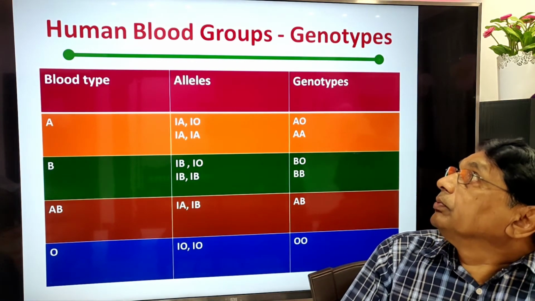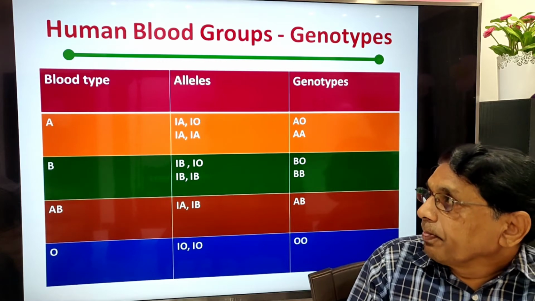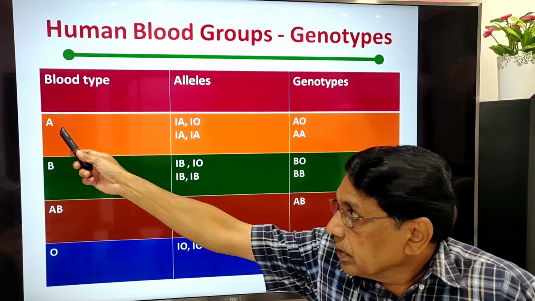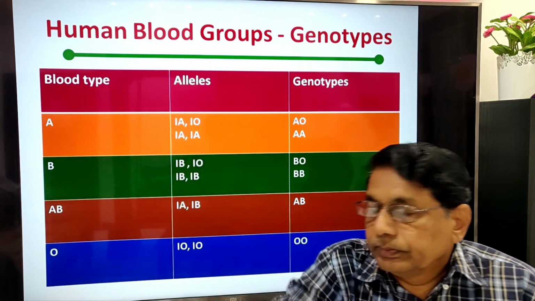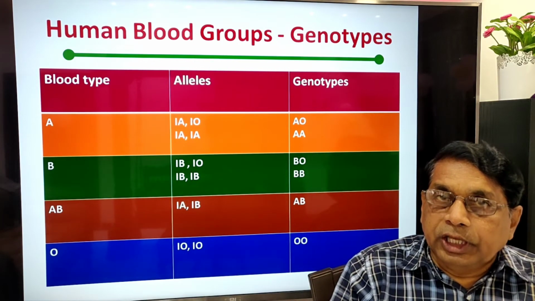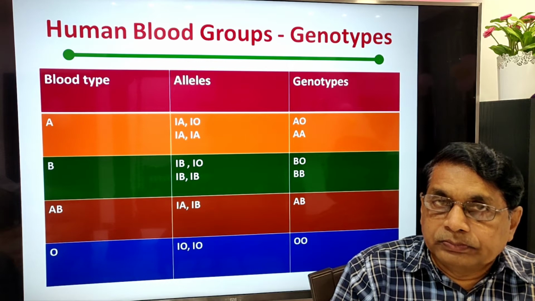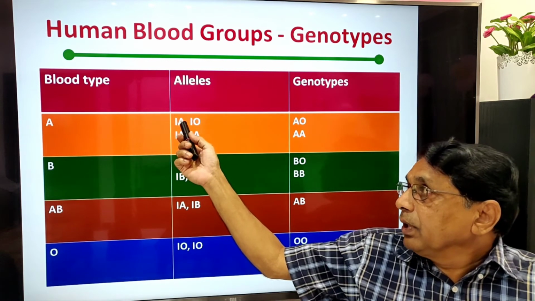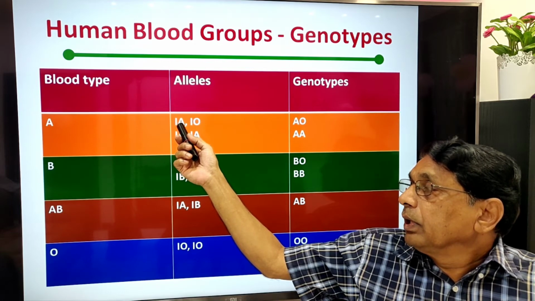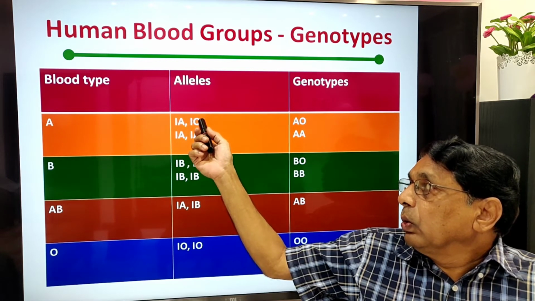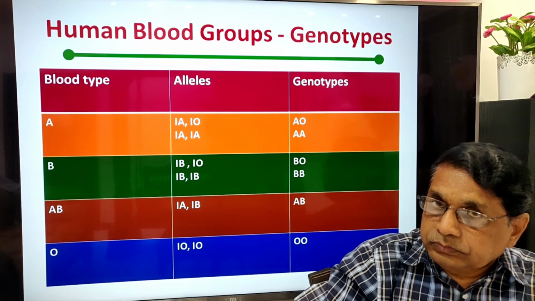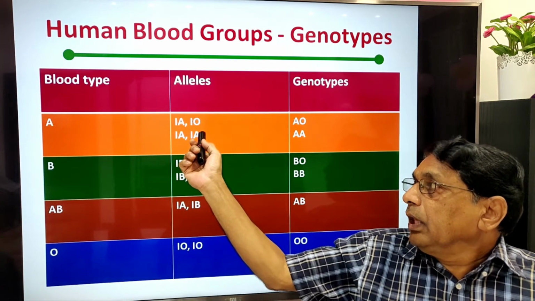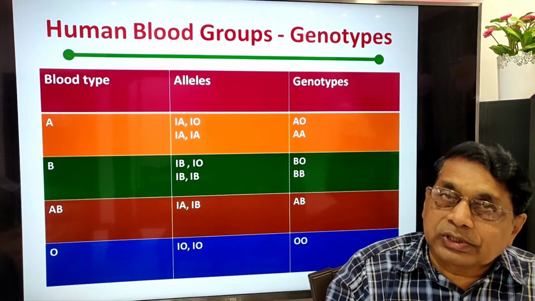Now let us see genotypes. Suppose a person is with A blood group, then the alleles he may have are AO, heterozygous, or AA, homozygous.